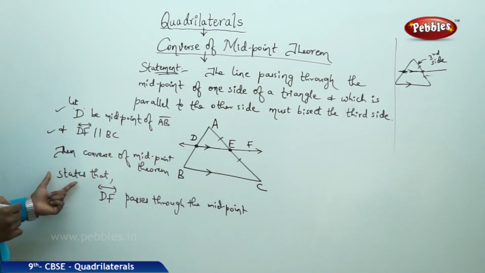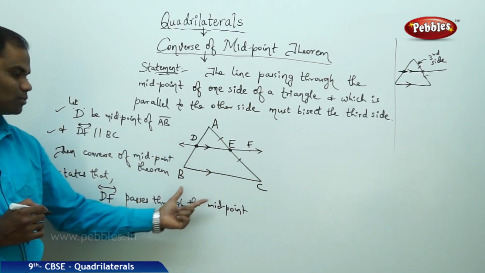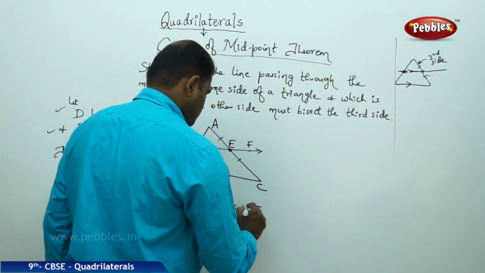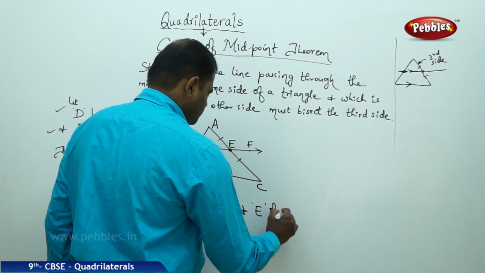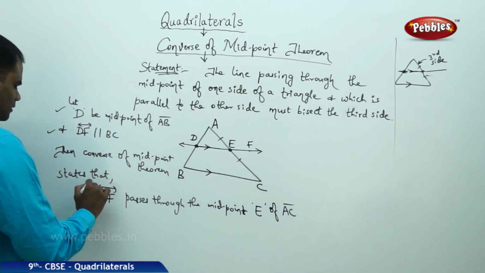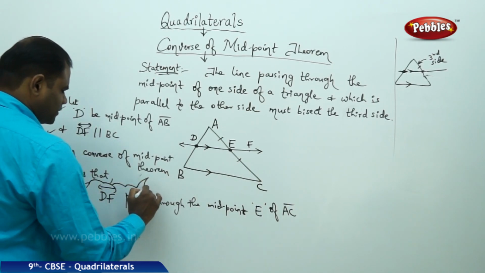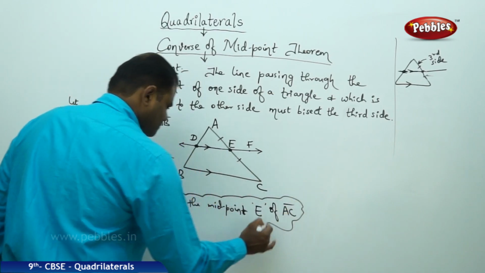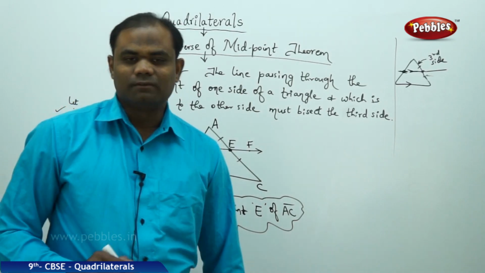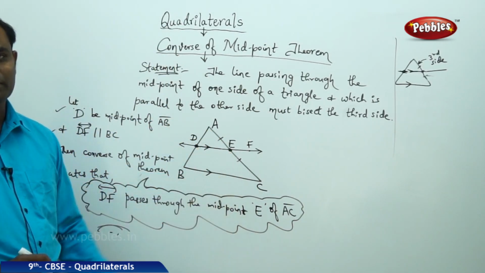Then the converse of the midpoint theorem states that the line DF, or the ray DF, passes through the midpoint E of AC. This is how I understand the midpoint theorem in its converse, which says the ray passes through the midpoint.